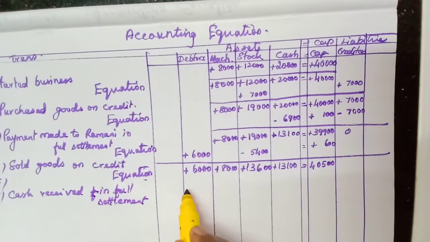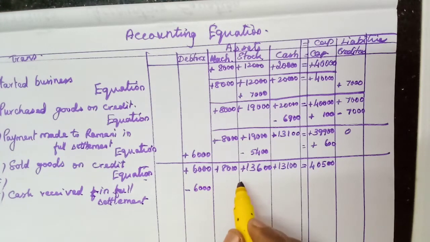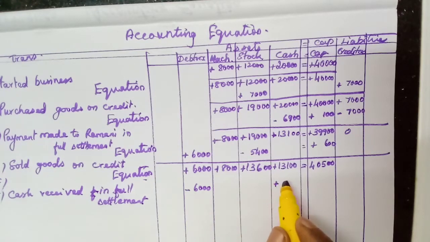Debtors, isn't it? So in full settlement, he is paying full. But how much is he paying? 5,800 in cash received. So it will increase the cash. Plus how much? 5,800 we are receiving, isn't it?